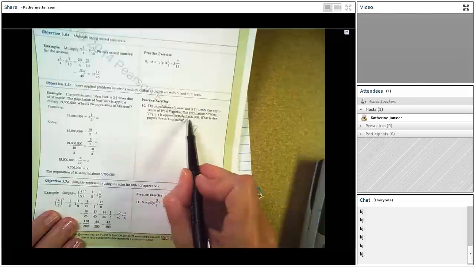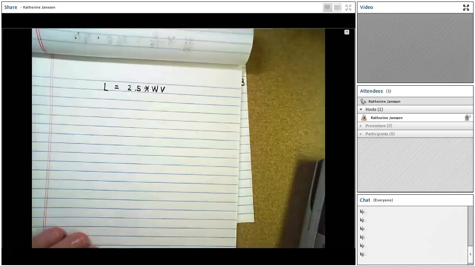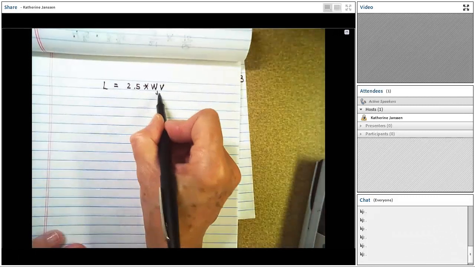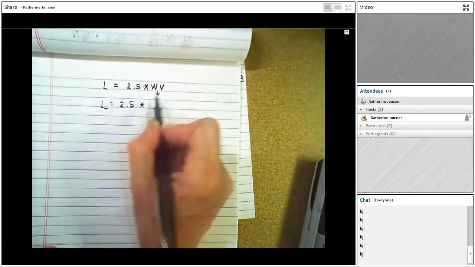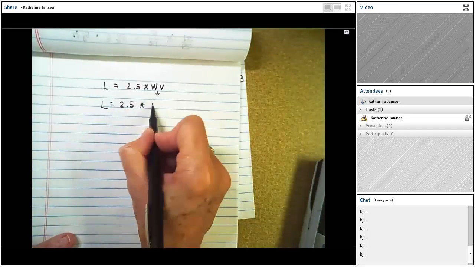And then we're told that the population of West Virginia is approximately 1,800,000. So I can substitute the population of West Virginia is 1,800,000.